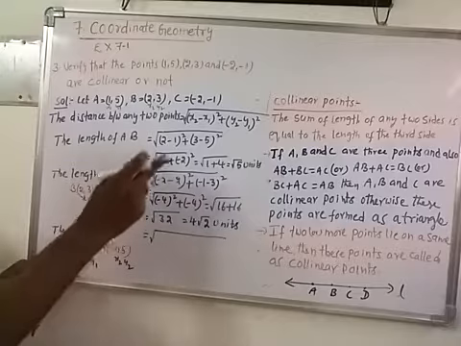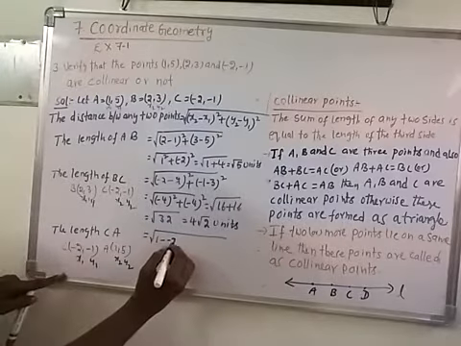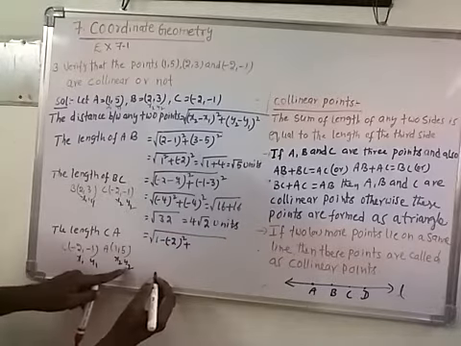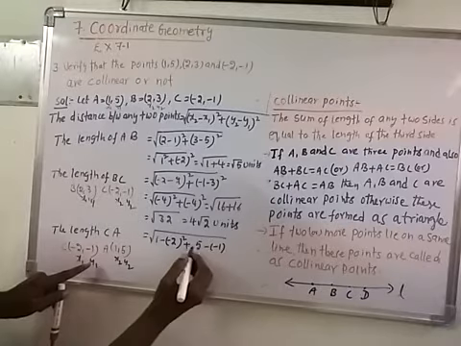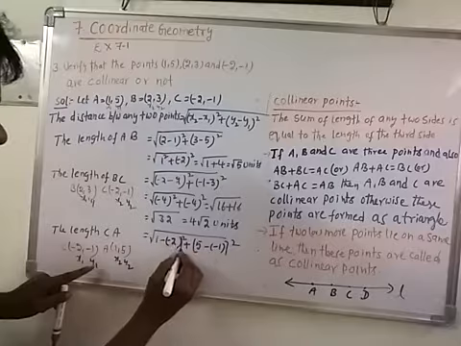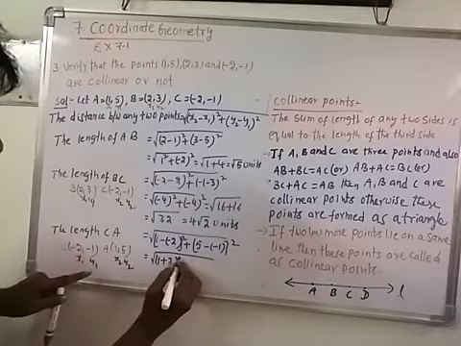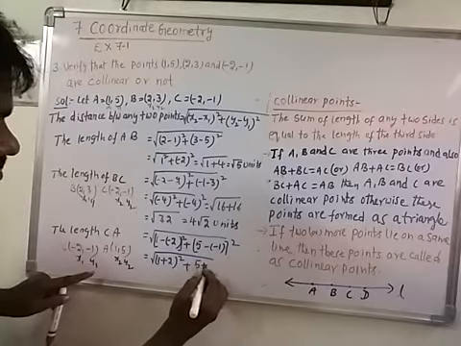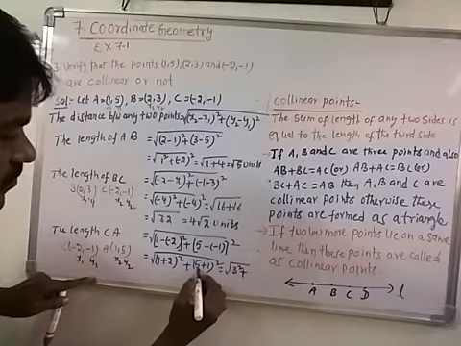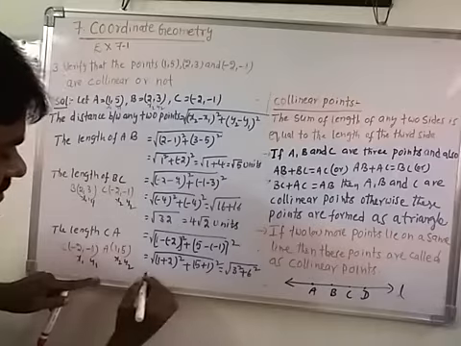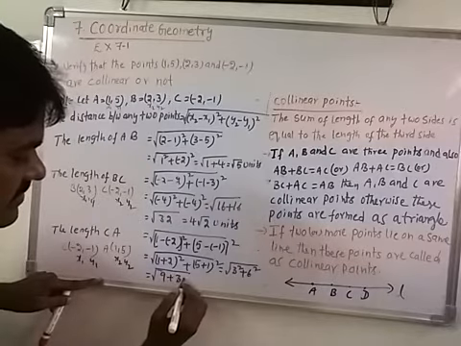So we substitute in the formula, (x2 minus x1) whole square plus (y2 minus y1) whole square. x2 is 1 minus x1 which is minus 2, whole square, plus y2 is 5 minus y1 which is minus 1, whole square, that equals the square root of (1 plus 2) whole square plus (5 plus 1) whole square, that is 3 square plus 6 square. 3 square is 9 plus 6 square is 36.